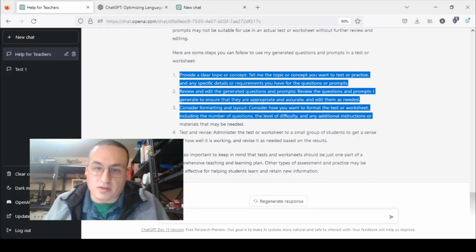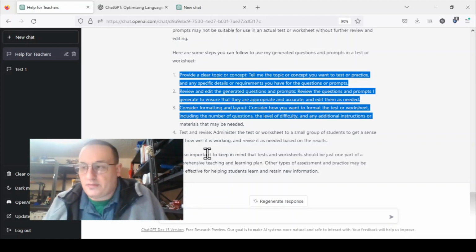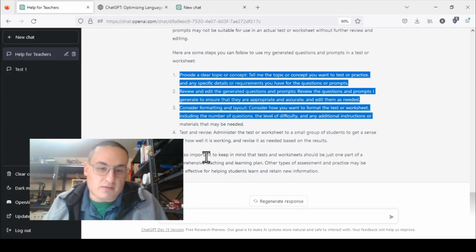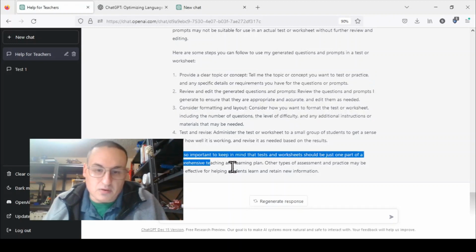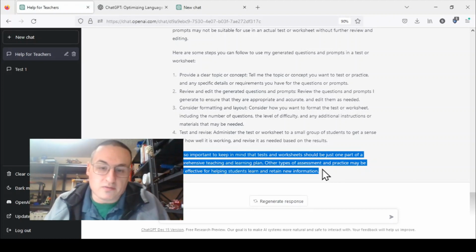And test and review this before you actually do it. It also tends to expand upon itself when it gives this kind of advice. So it's also important to keep in mind that tests should be part of a comprehensive learning plan. Other types of assessment may be more effective for students to help learn and retain information.